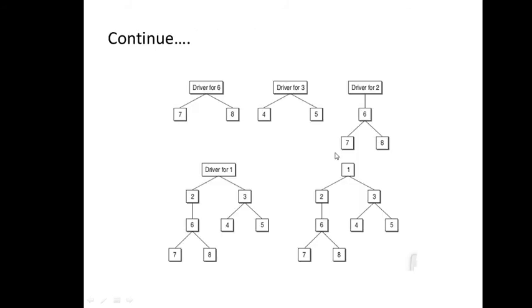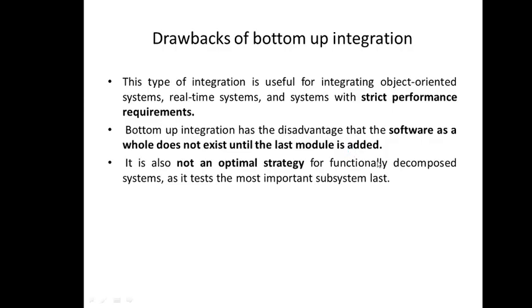Until all modules are added, the complete system, which is broken down into subparts or submodules, is not there. Until all the modules are integrated in an incremental fashion, the overall functionality cannot be achieved, because the overall system is the complete set of modules.